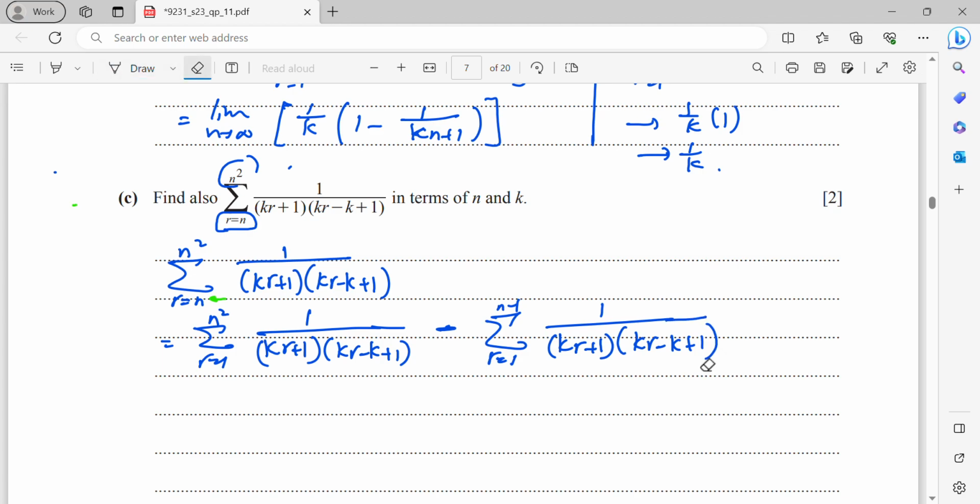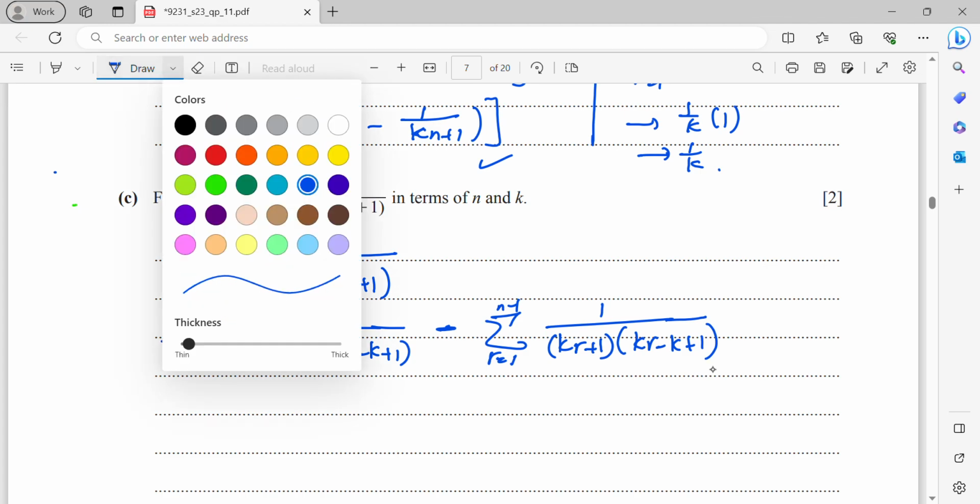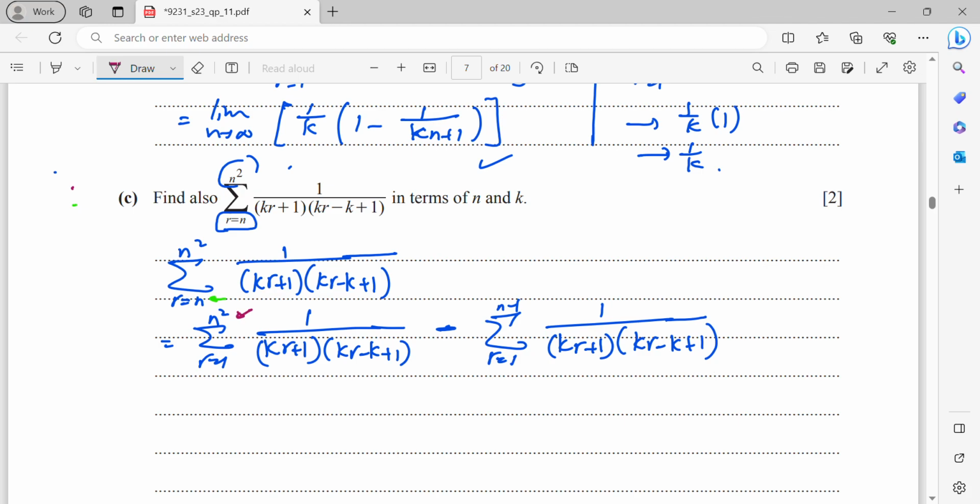Right, so remember just now we got this result when it is the sum until n. So when you need the sum until n squared, I will replace this n by n squared. So the rest remain. Now it will be 1 over k bracket 1 minus 1 over k of n squared plus 1.